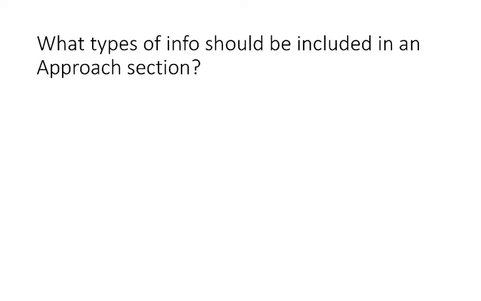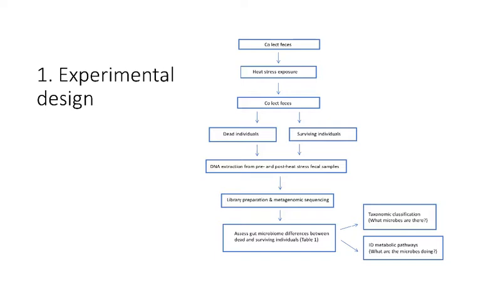So in the last part of this video, what I'll do is describe the types of information that should be included in an approach section. First of all, as we've touched on a little bit already, what you really want to do is provide an overview of the experimental design for your study. On the right here is a flowchart from one of the red abalone microbiome projects that's currently ongoing in my lab.